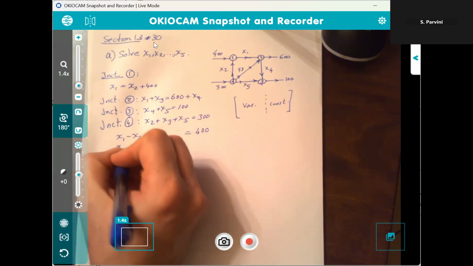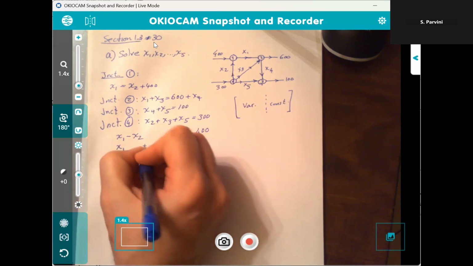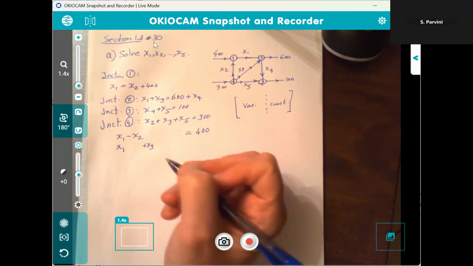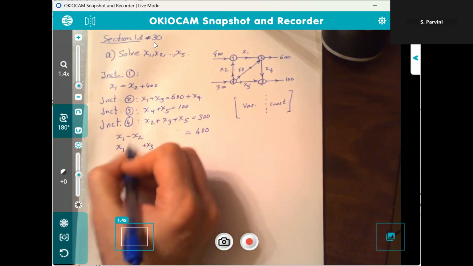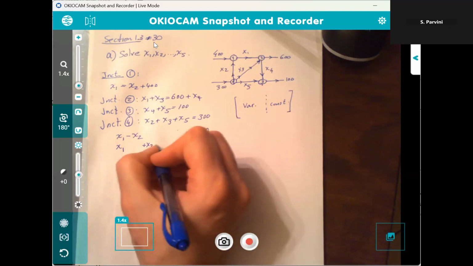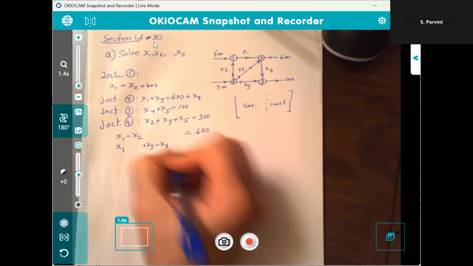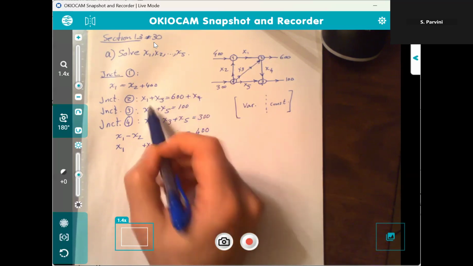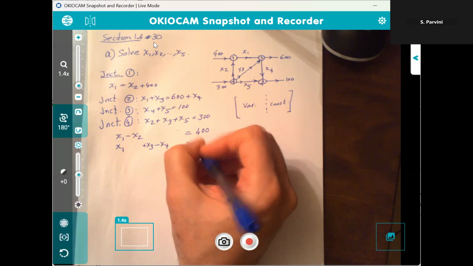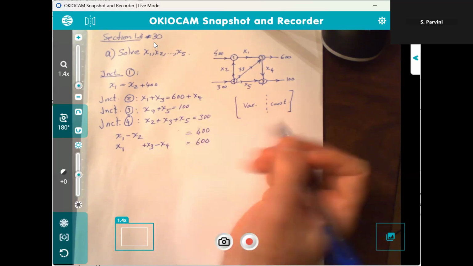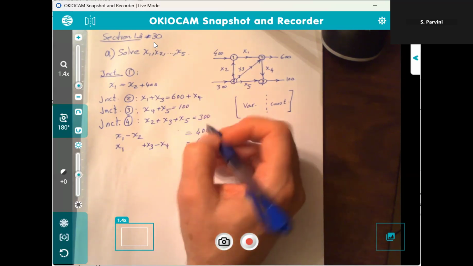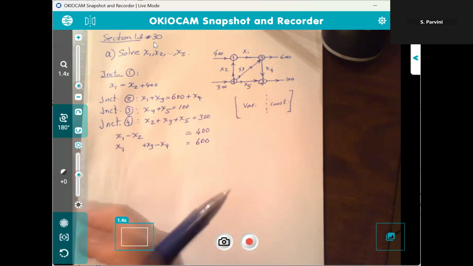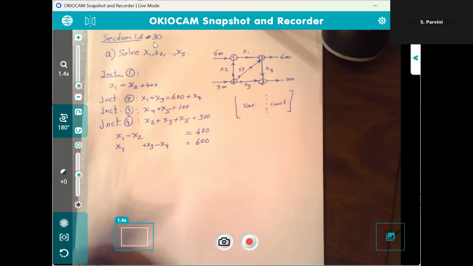So we're going to line up x sub 1, push x sub 3 to the side, as if x sub 2 is there, and bring x sub 4 to the left. It's now negative. Positive on the right means it becomes negative when you move it to the left. And we have the constant 600. See how we are forming the matrix. When we're done, we will feed this into Symbolab, and we have the answers.